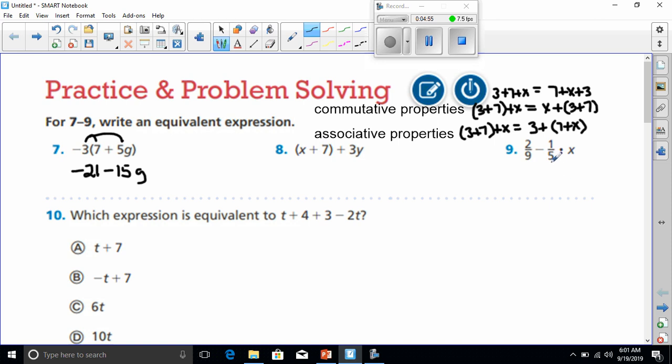So I could write this as negative 1/5 times x, and then I could add it to 2/9.